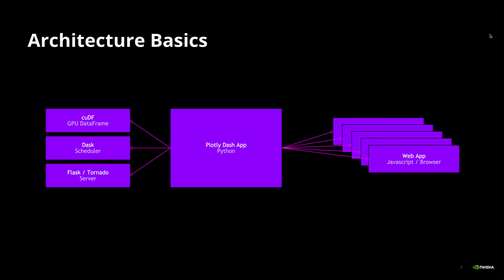In this setup you can have multiple people querying a single GPU in series, with one application hosting several individuals, and you can put it in front of a load balancer so it can scale up and down pretty easily as well. This is all through the Plotly Dash app and a little bit of configuration, and you can have web-scale GPU-accelerated visualizations.